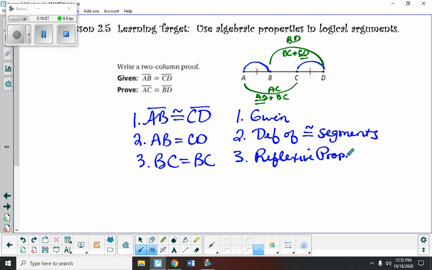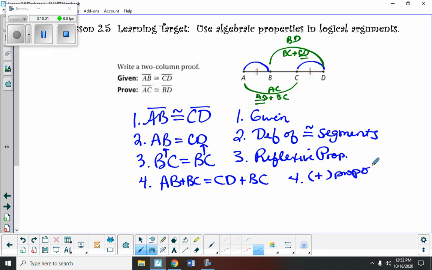And now we're going to add BC to AB and add BC to CD. AB and CD are equal, and now we're adding an equal amount onto both sides. We can do that because of the addition property of equality.